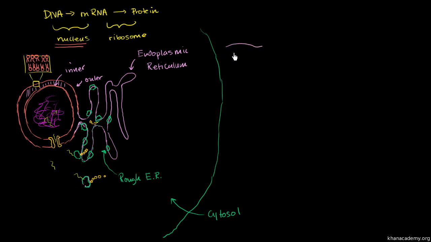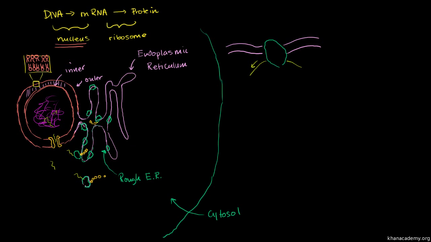Let me draw that a little bit better. So let's say that right over here is the membrane of the endoplasmic reticulum. And then as an mRNA is being translated into protein, the ribosome can attach, and let's say that this right over here is the mRNA that is being translated, going in that direction.